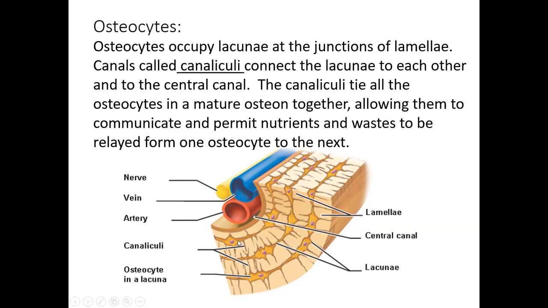And the osteocytes, which are these structures with the little purple dot, provide a channel that allows the communication for the nervous system. It allows nutrients and waste to be diffused through, so that nutrients can be received by the bone tissue.